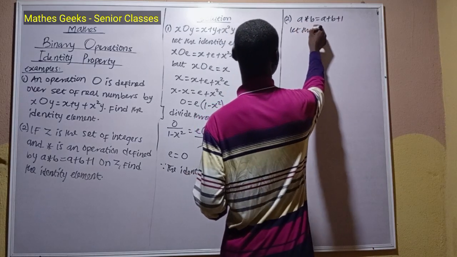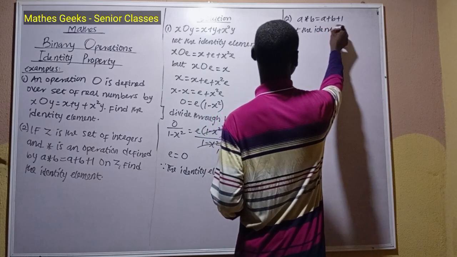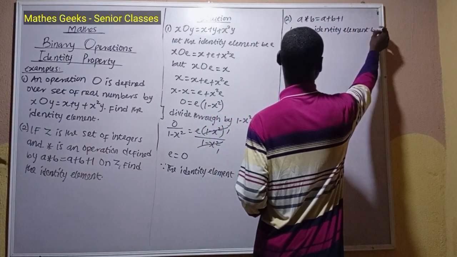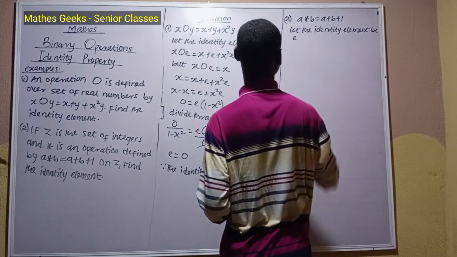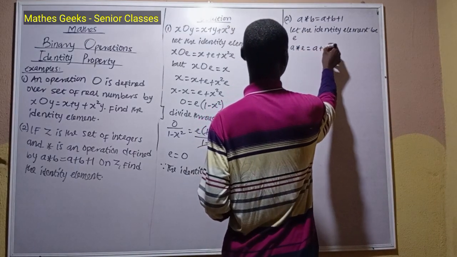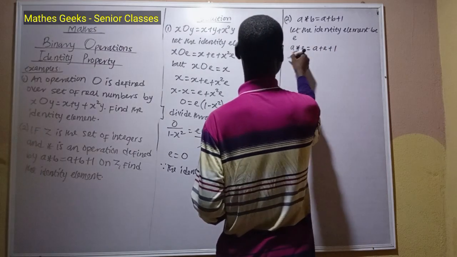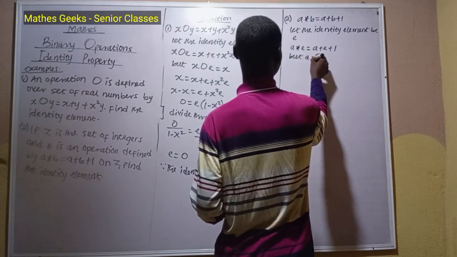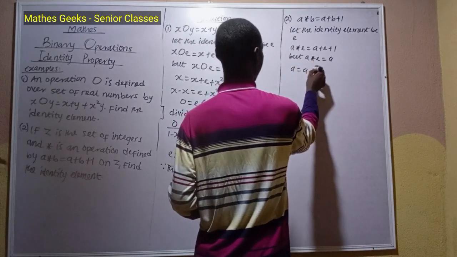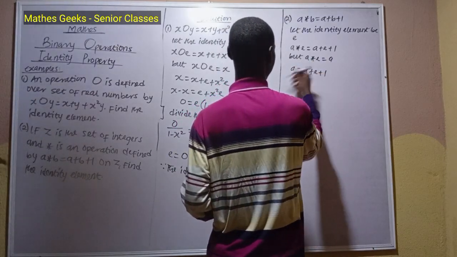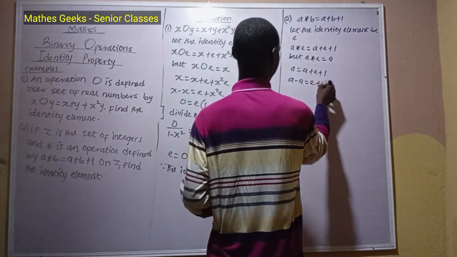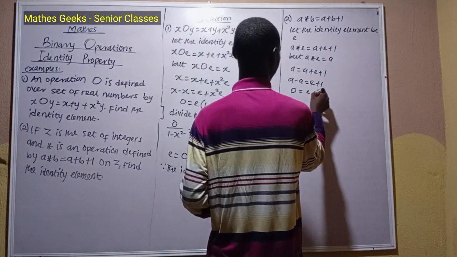So let the identity element be e. So a star e is equal to a plus e plus 1. But a star e is equal to a. So a is equal to a plus e plus 1. So a minus a is equal to e plus 1, that is 0 equals e plus 1.